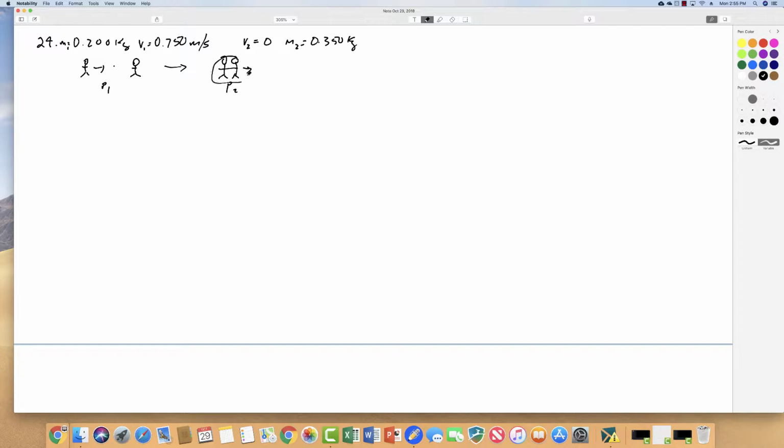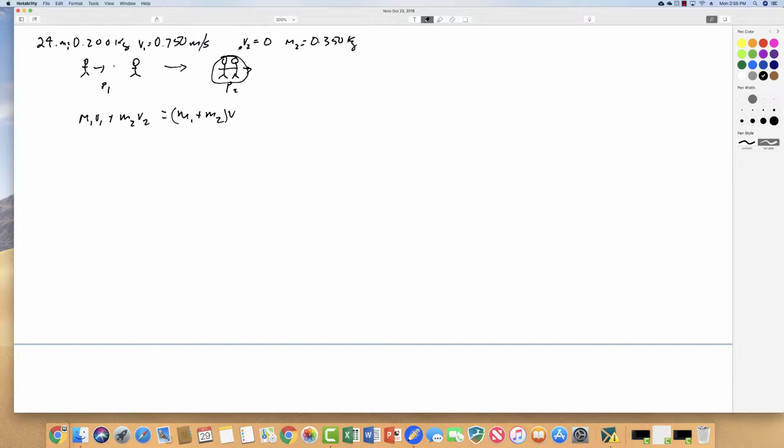Now the mass of this is essentially going to be the sum of the two masses. So what you have is that m1 v1 plus m2 v2 is going to equal m1 plus m2 times v.